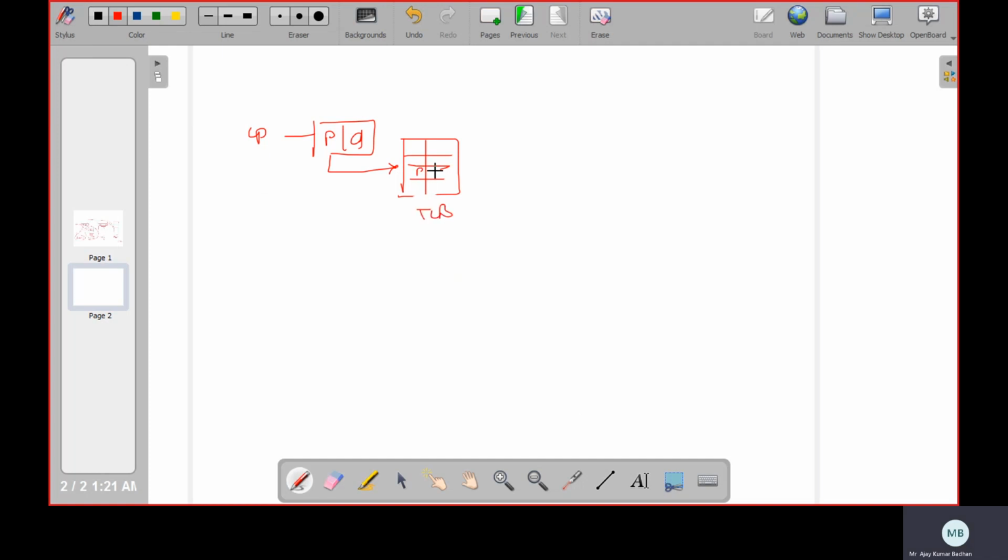If that particular page is found, then the respective frame will be found here. Now that frame plus the displacement will give you the physical address, isn't it? That we know. So how much time? Let us suppose it takes 100 nanoseconds to access this TLB, get the frame, perform this operation and get the physical address.